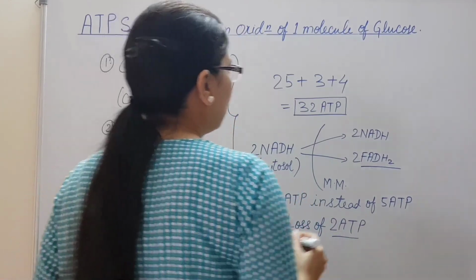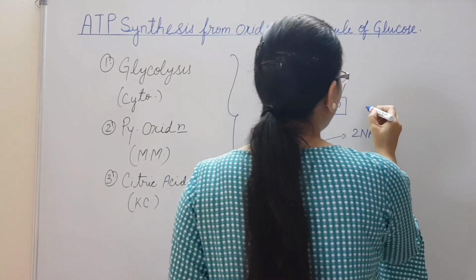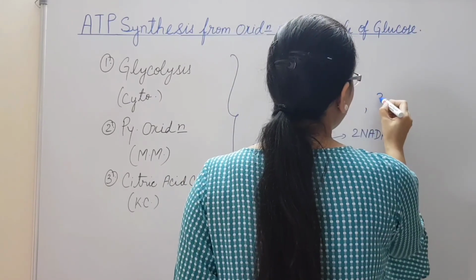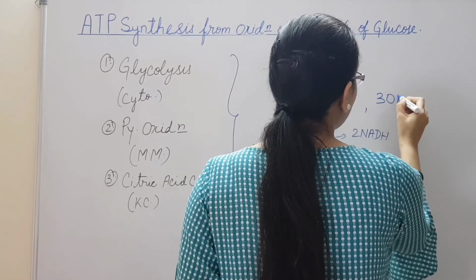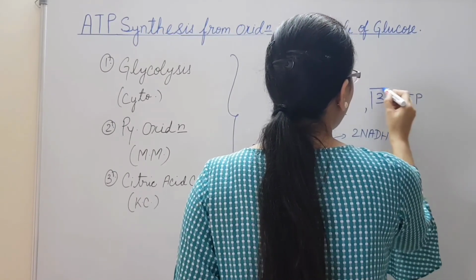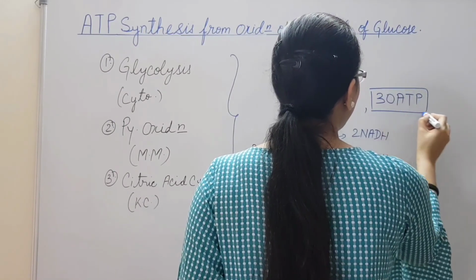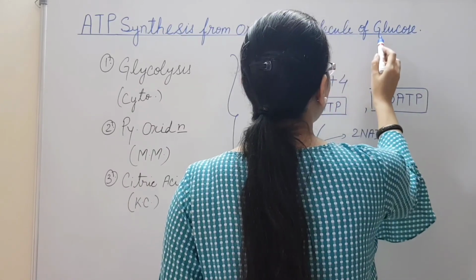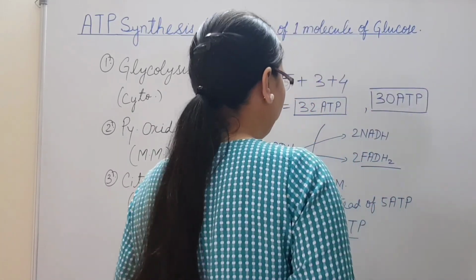In that case, instead of 32 ATP, we get 30 ATP molecules from the oxidation of one molecule of glucose.